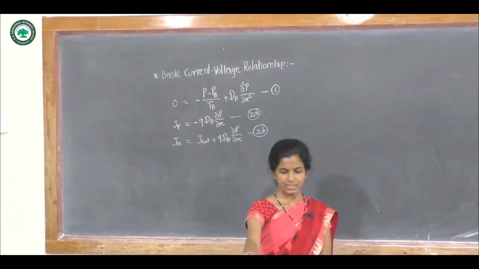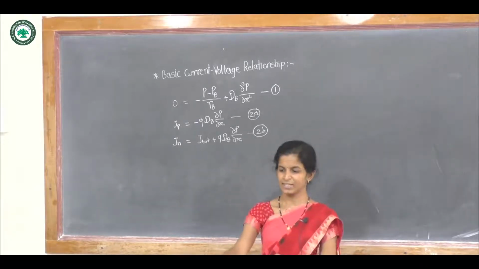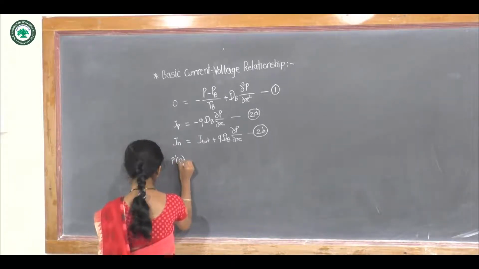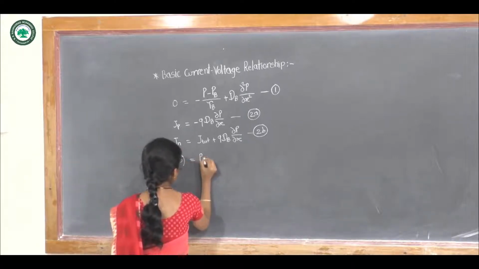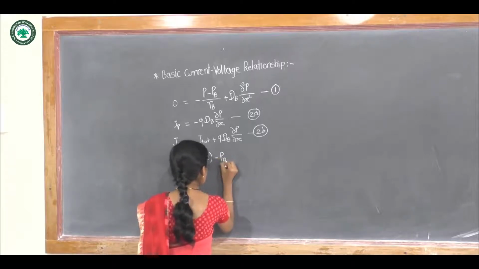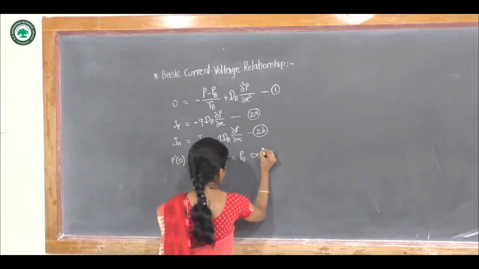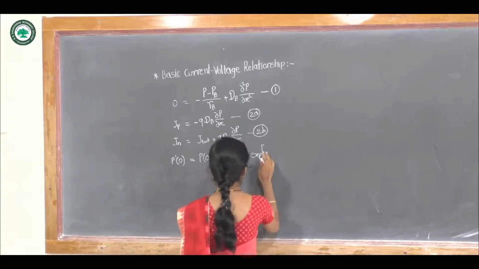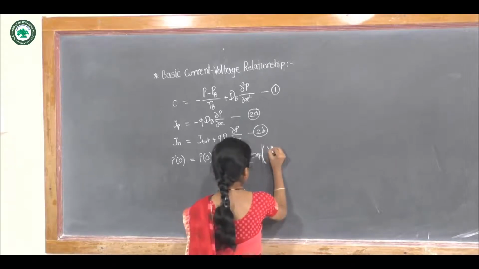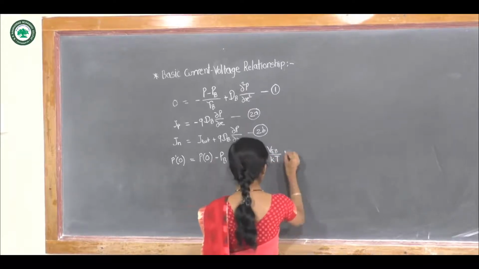The conditions at the emitter depletion layer edges for these excess carrier concentrations are given by the equations P dash of 0 equal to P0 minus PB, which is equal to PB into exponential of (qVB by KT minus 1).